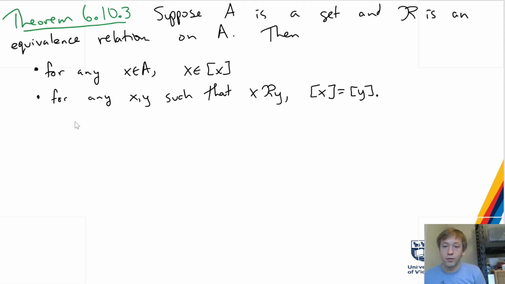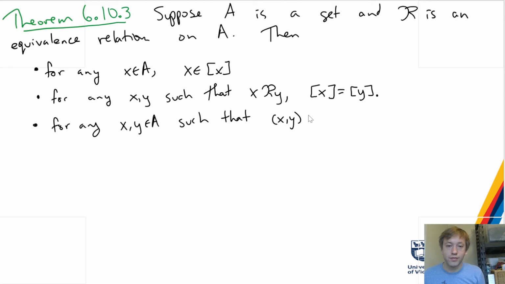And thirdly, we get that for any elements x and y in A such that x is not related to y, I'll write that as (x,y) is not in the relation R, the equivalence classes of x and y have to be disjoint.